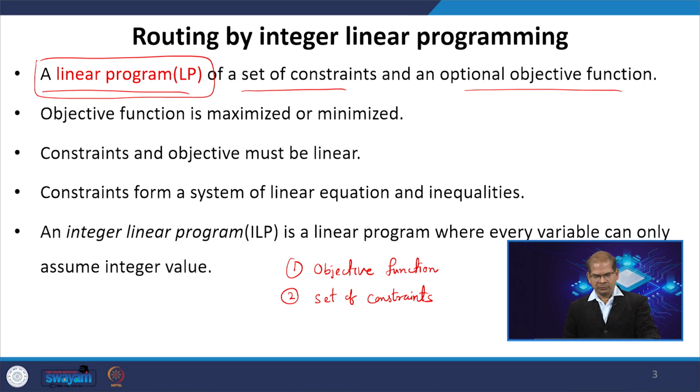The objective function can be maximized or minimized based on our requirement. For example, if I want to decrease the wire length, I need to minimize the objective. My estimated wire length should be minimized, so this optimization problem becomes a minimization problem.